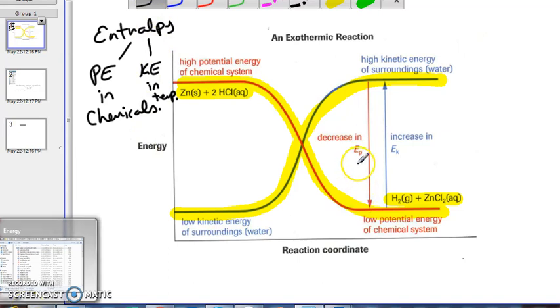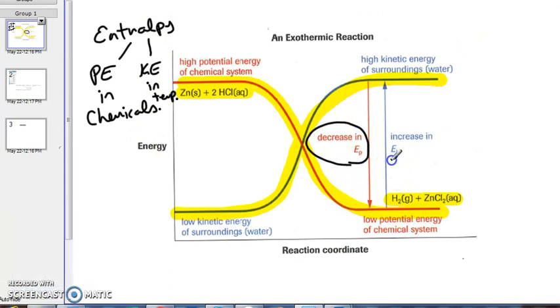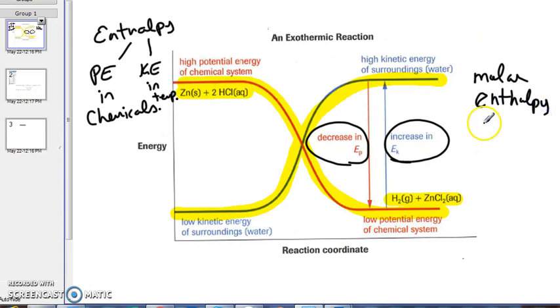Molar enthalpy would just be indicating how much energy, right? So this would tell you the total decrease, the total enthalpy. This will be the total enthalpy increase. And notice energy is not created or destroyed. It's just maintaining here. But if we talked about molar enthalpy, what we would be talking about is just how much energy per mole of a substance.